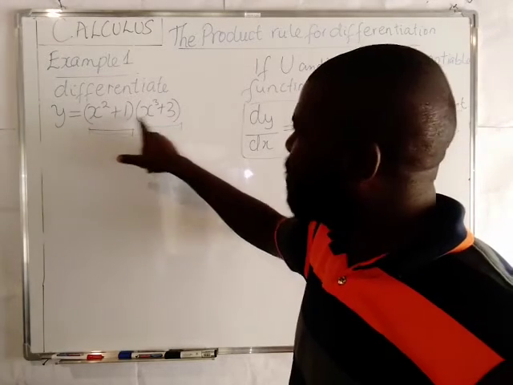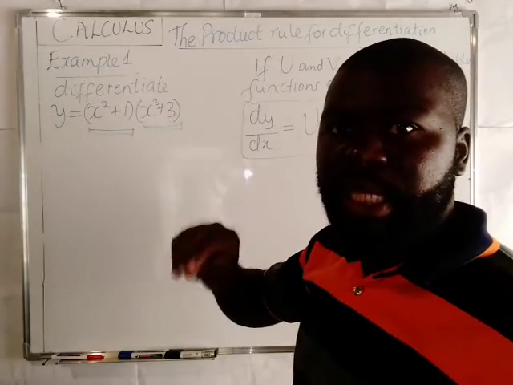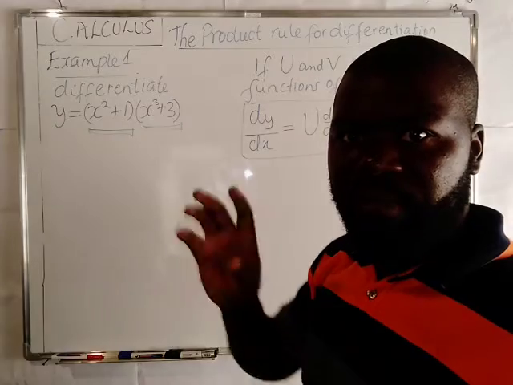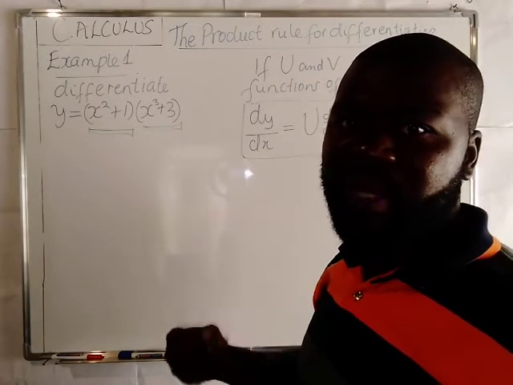These two factors which we are supposed to multiply, we need to let one be u and the other one be v. So that is where the u and v are coming in.